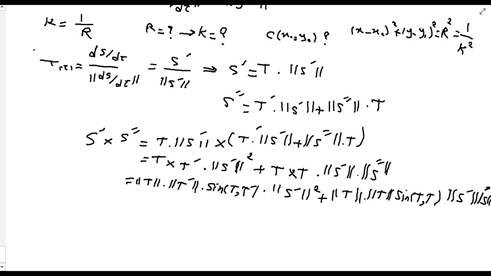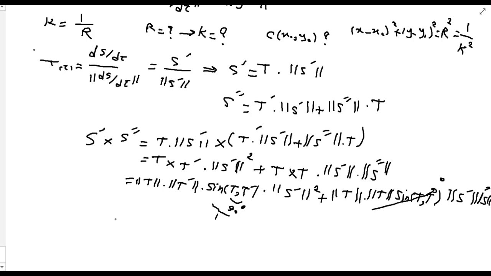If you see here, T and T prime are perpendicular to each other, so sine of 90 degrees is equal to 1. And the angle between T and T is 0, so this will be 0 and deleted.